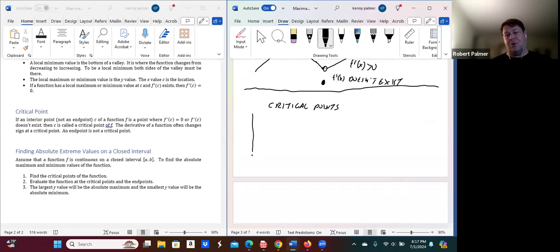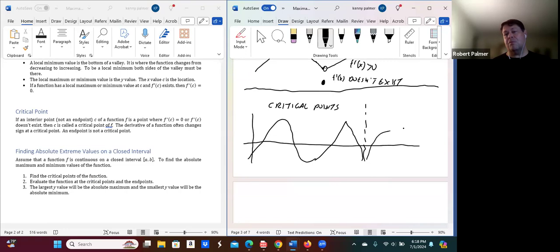So let's draw another graph. Okay, so let's say our function looks like this. Okay, this is our function, and this is where our critical points are. A critical point is a place where the derivative is 0. So right here is a critical point, and the critical points are the x values.